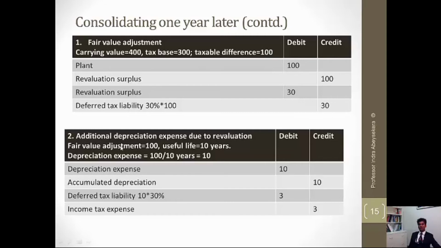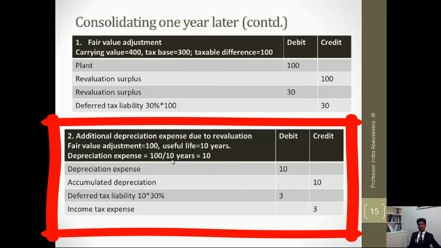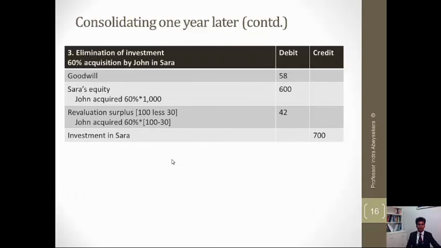Now that value is decreasing. 30% of 10 is 3. So debit depreciation expense 10, credit accumulated depreciation 10, debit deferred tax liability 3, credit income tax expense 3.